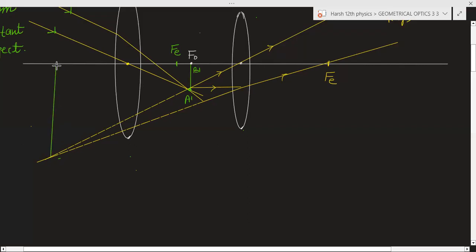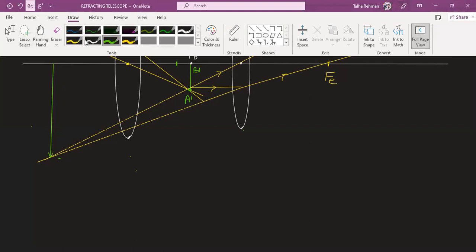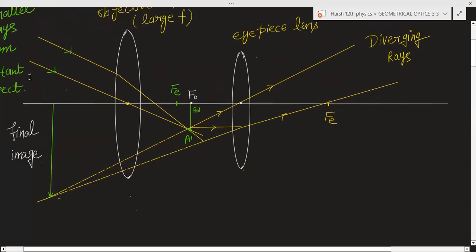So here this image is forming, final image. This is the final image of the distant object.